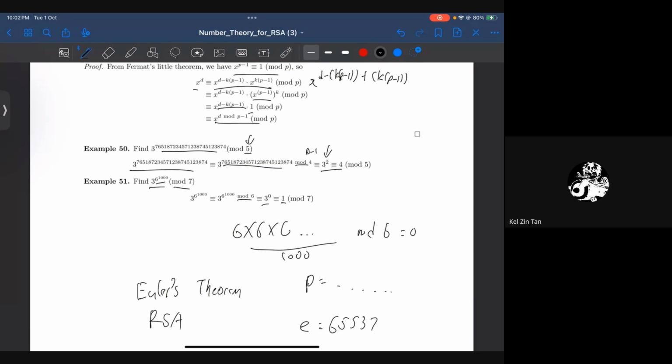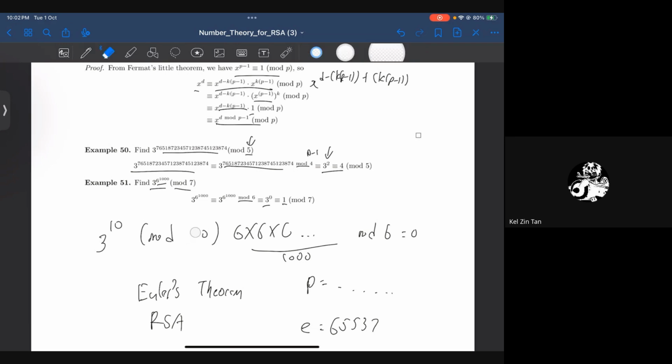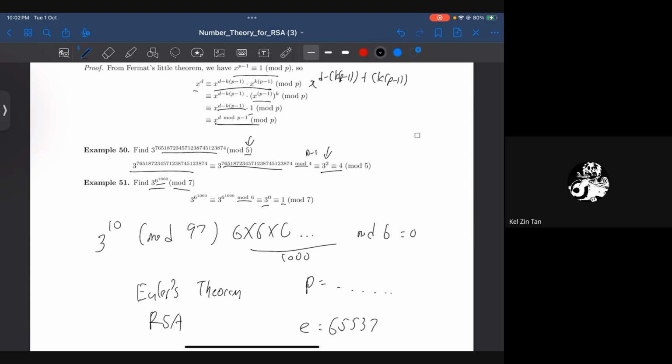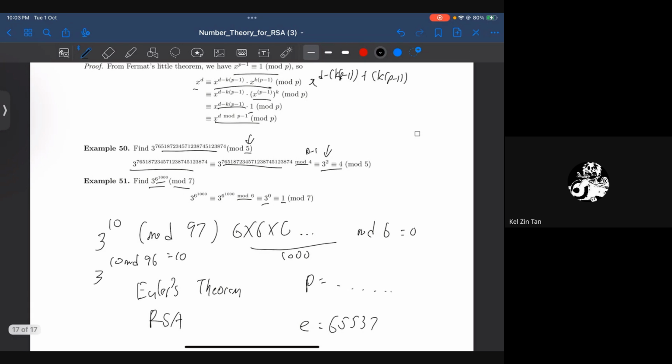But if this is a very large number, you can't do anything as well. Like let's say you do 3 to the power of 10 modulo 100, you can't really do any reduction. Not 100, maybe let me choose a better prime number like 97. You can't really do any reduction because 10 modulo 96 is just equal to 10. And you know that 3 to the power of 10 is certainly much larger than 97.